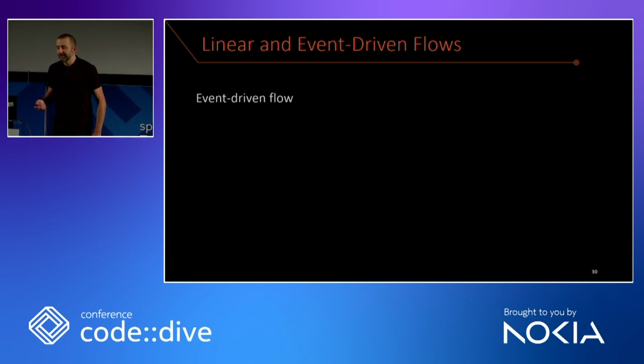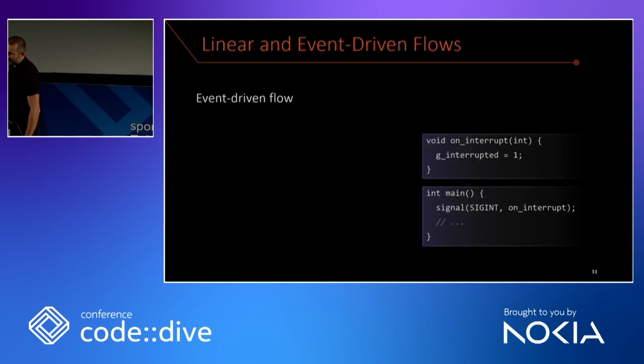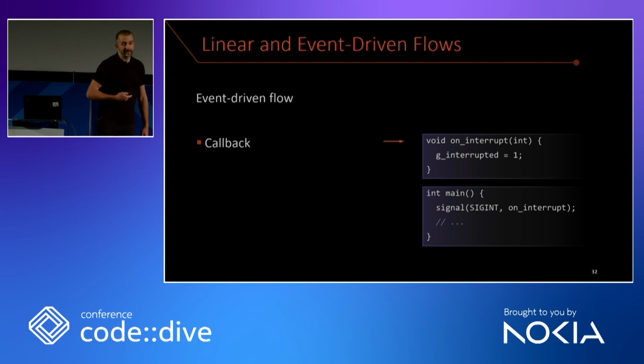We are actually familiar with the event-driven flow if anyone has programmed in C, and C++ inherits from C, so we get the interruption handling, the handling of the signals. This is a perfect example of asynchronous flow. If we want to be prepared for interruption, we will do these two things. We will define a callback function or handler or delegate, call it whatever you want.